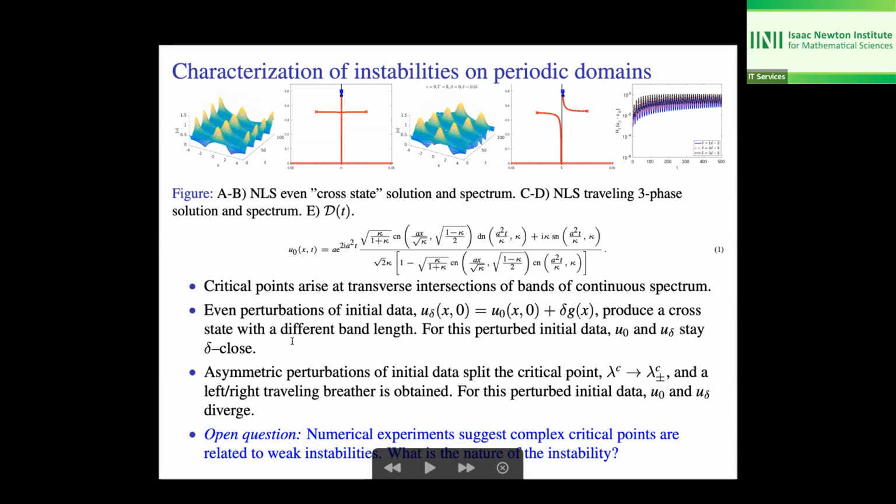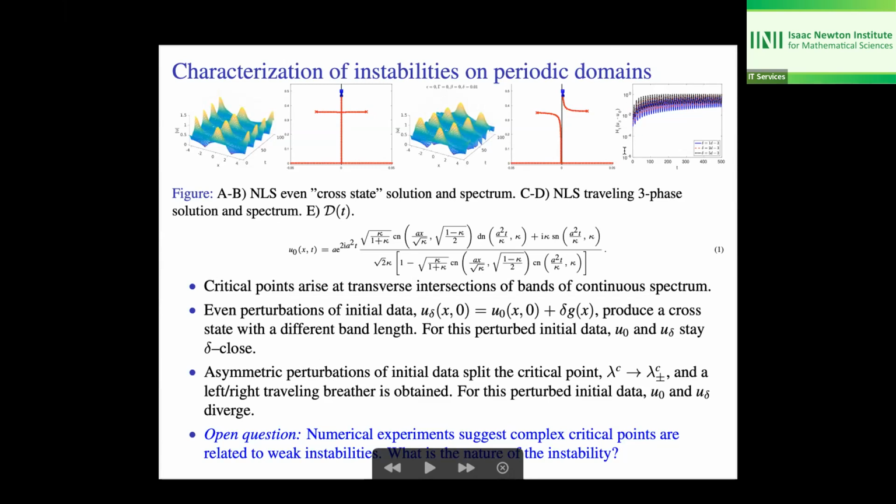However, if you look at asymmetric perturbations of initial data, they will split the critical point and you obtain a left or right traveling breather depending upon whether the upper band of spectrum is in the right or left quadrant. And in this case, U naught and U delta diverge as time evolves.